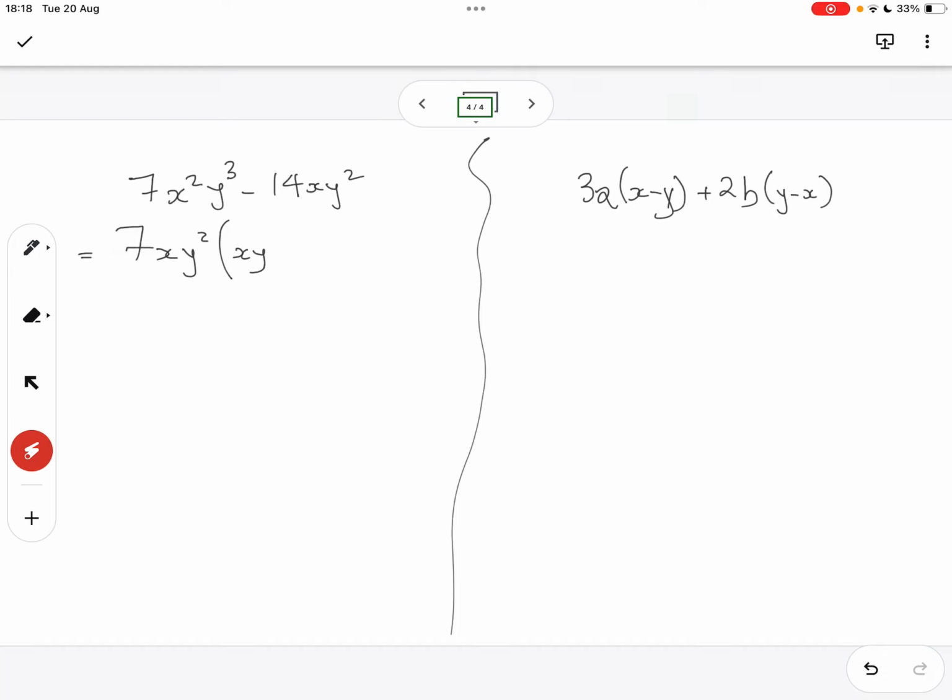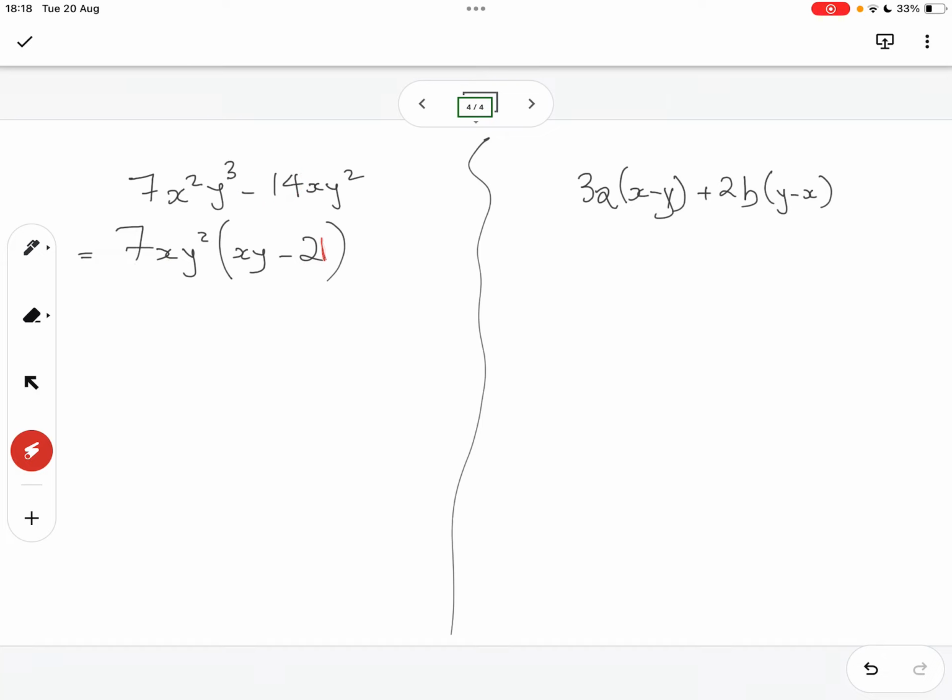Now, let's go to this term here. Using the same thinking, we've taken out the common factor 7xy squared. What must I multiply 7xy squared with so that I get negative 14xy squared?